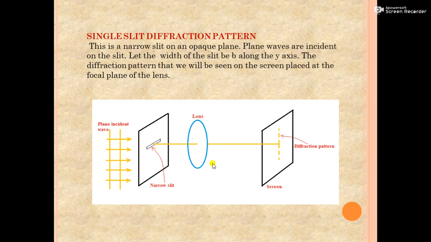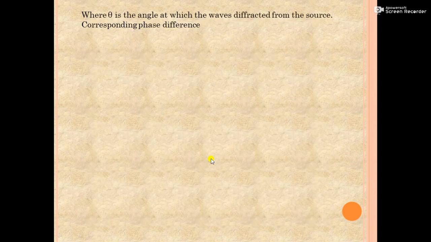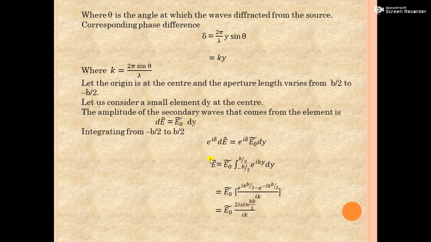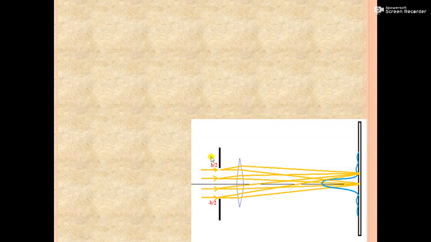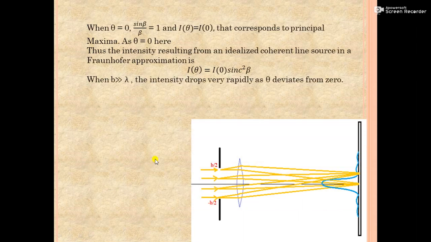The spread of light is termed as diffraction, so that we get the intensity pattern like this.